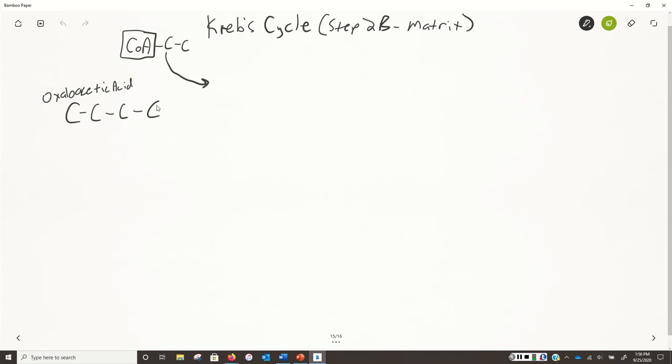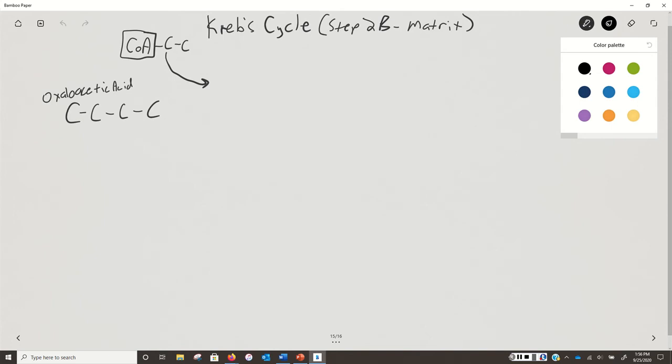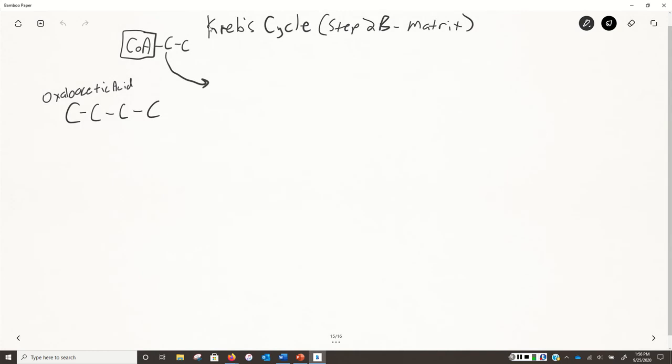So here is our acetyl-CoA that we just produced. We're going to follow what we call the Krebs cycle, or the citric acid cycle. This is step 2B. And now we are fully in the matrix of the mitochondria. So this set of reactions occurs in the matrix.